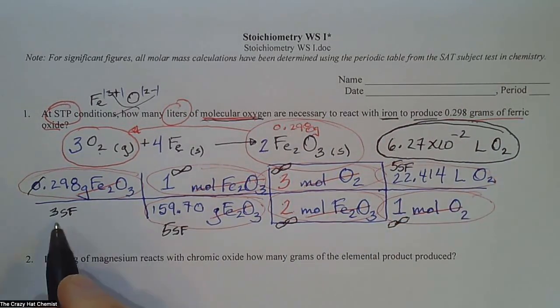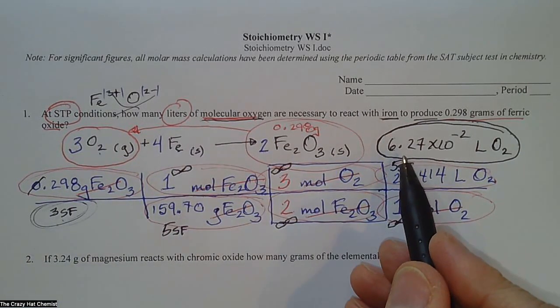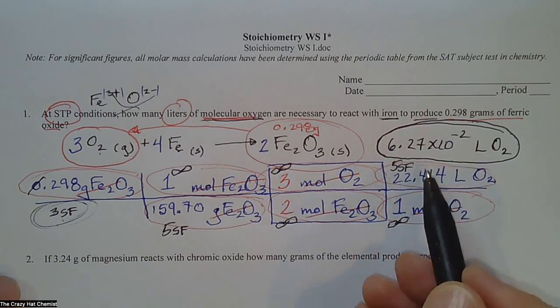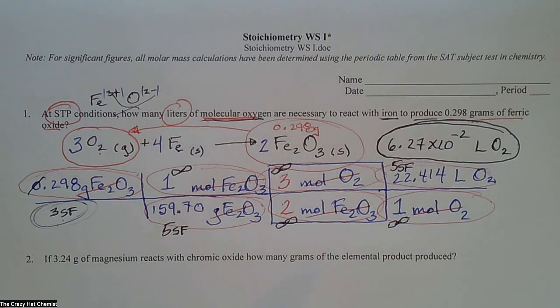So the fewest number of significant figures was my initial number at 3, and that's why this number has 3 significant figures for the answer. I put it in exponential notation, although it's not necessary to have it in exponential notation. You could have it in decimal form, and that would be perfectly fine too. There's nothing wrong with that.